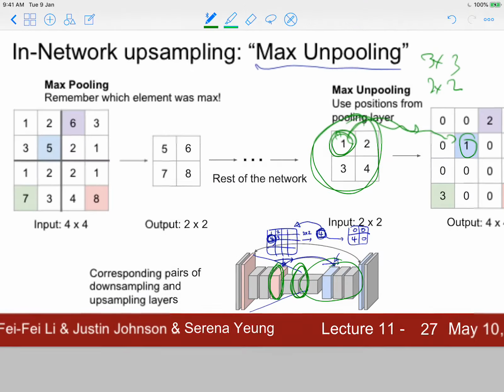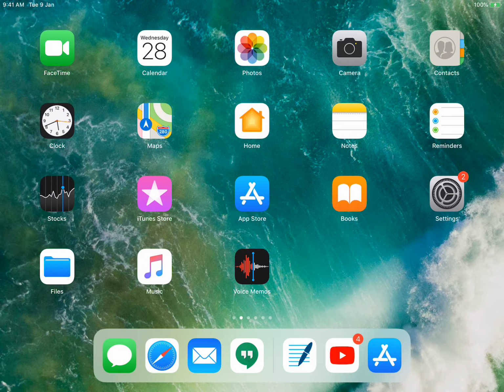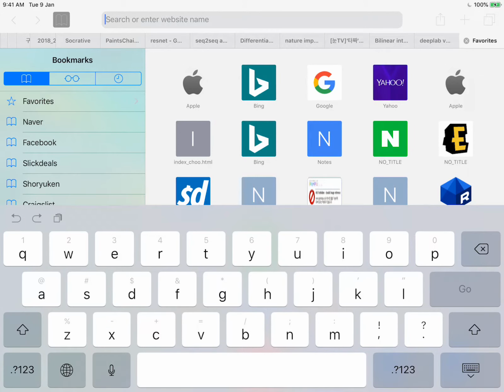But one of the effective architectures added on top of this encoder-decoder architecture is called UNet. Okay, UNet. If you work a little bit on this similar kind of problem domain, you might have heard about UNet in many different similar tasks.